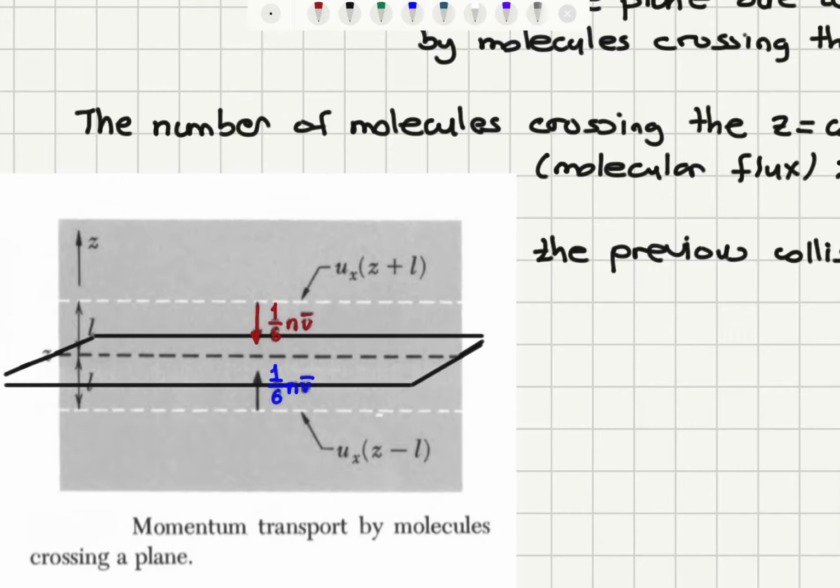And if I look at a distance L, the mean free path, from the plane, there was the last collision that changed the direction of the velocity, and therefore they picked up a velocity x component at z minus L. It's the same thing that is going to be the speed when they are crossing the plane, because on average we don't have a collision in between z minus L and z.